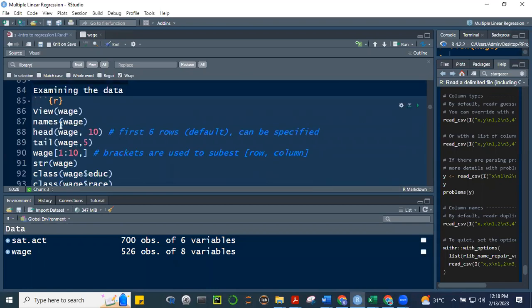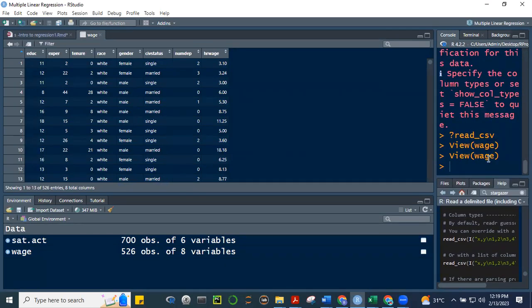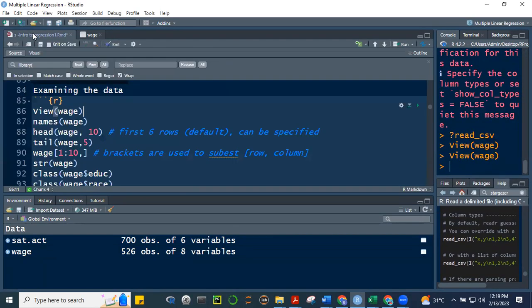So let's examine the data. The view function will allow us to generate a tab here. Or if I click this, it's the same as view, di ba? View wage. All right. So let's take a look at the others.